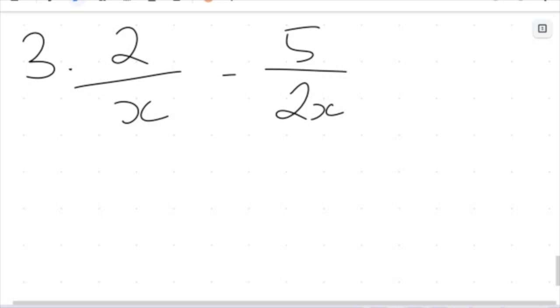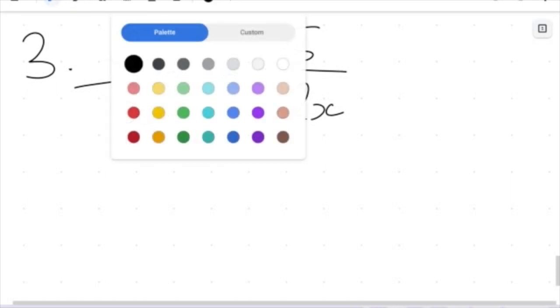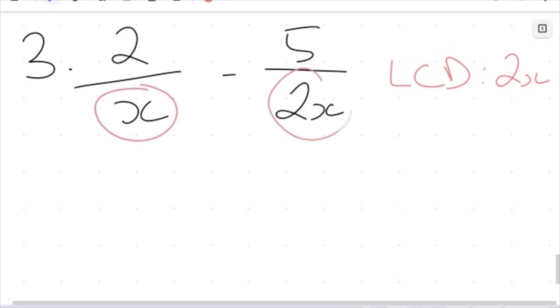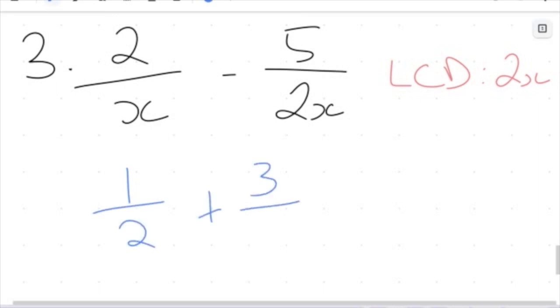The lowest number that both of these can actually go into is going to be 2x, because I can get this x over to 2x and this can just remain the same as it is. This is similar to if you did, for example, 1/2 plus 3/4.